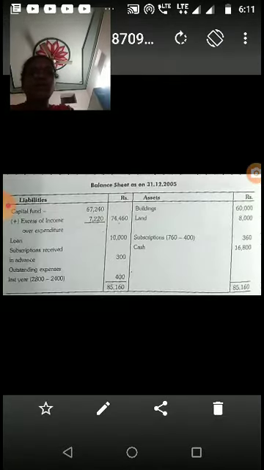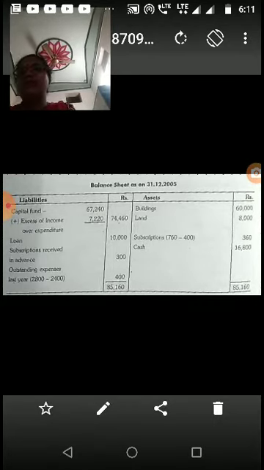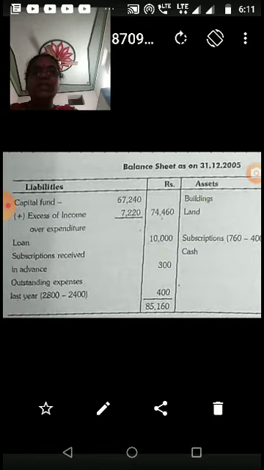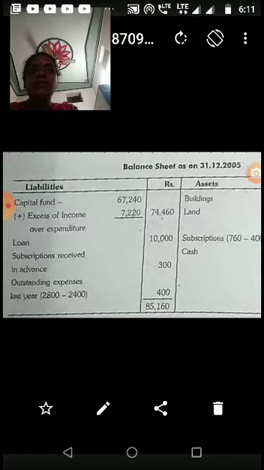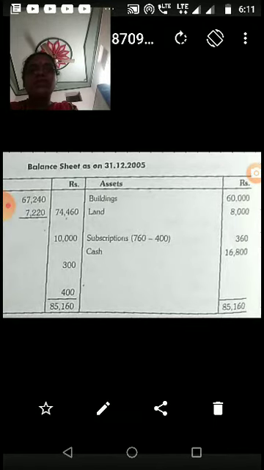Next we have to prepare the balance sheet 3112 2005. Now liabilities, capital fund is 67,240, add excess of income over expenditure 7,220, that is 74,460, loan is 10,000, subscriptions received in advance 300, outstanding expenses last year 2,800 minus 2,400, that is 400, 5,160.